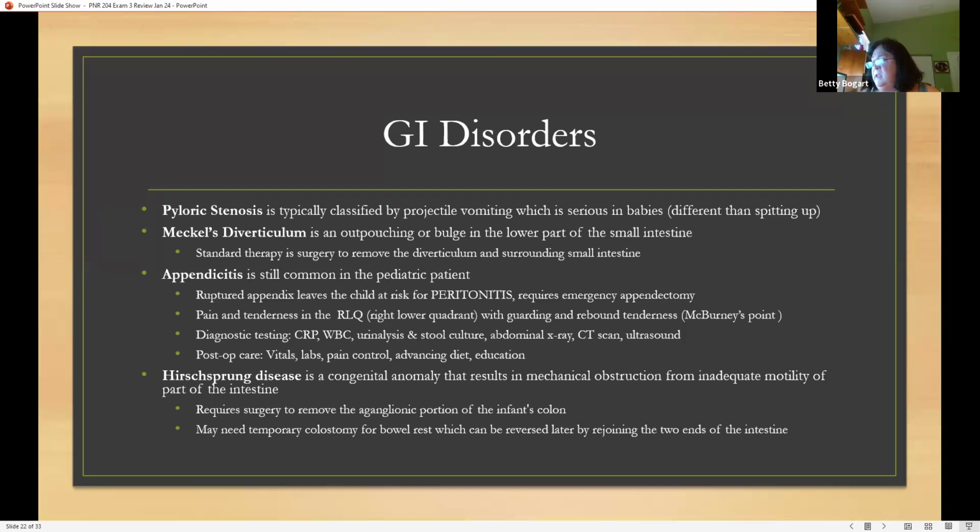Appendicitis, the big thing is right lower quadrant pain with rebound. It needs surgery. We'll diagnose it with an ultrasound. And one of the things we'll be watching with these children is inflammatory factors and those white blood cells, right? If those white blood cells start going up, we know there's a leak, and this child probably has peritonitis, right?